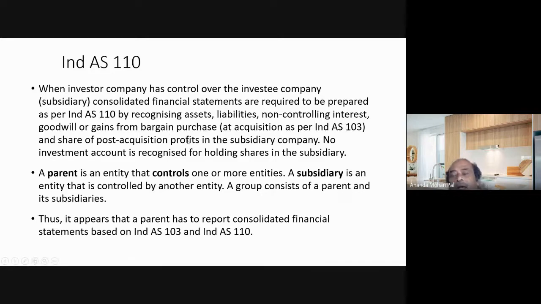So before Ind AS 110, as per the old system, book values were recorded, and pre-acquisition profits at book value were taken. That system is not followed now. Now, at the time of acquisition, you have to recognize all net assets at present value.